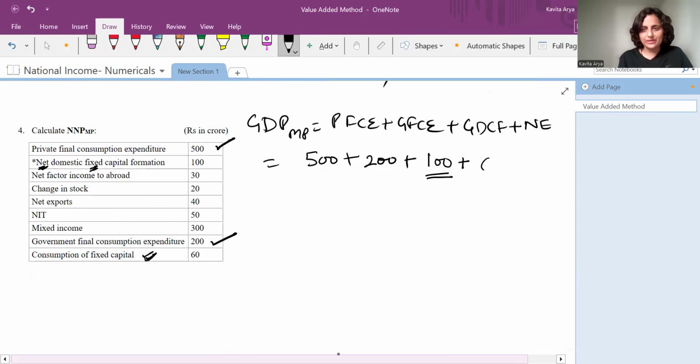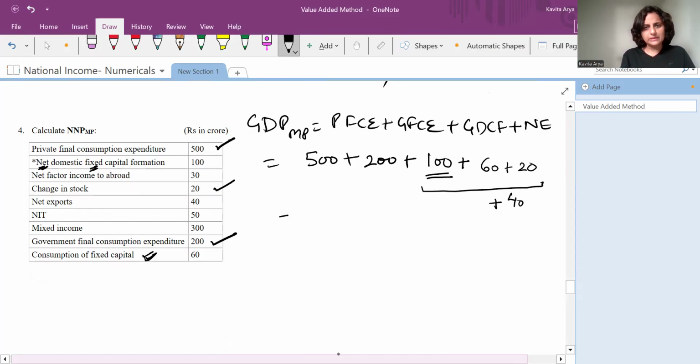So this is depreciation plus we have fixed components. So inventories or change in stock is to be added to make it the full component of GDCF. Underline it to make it look like one full component. And net exports is clearly 40.